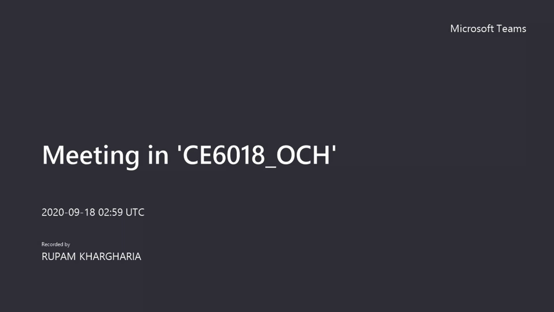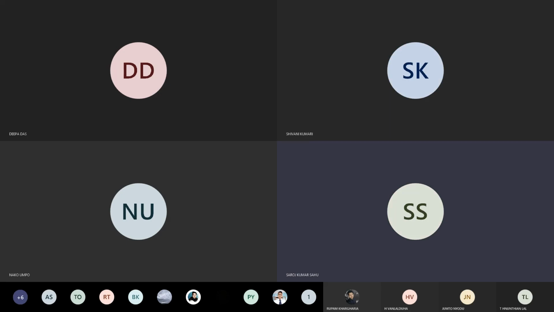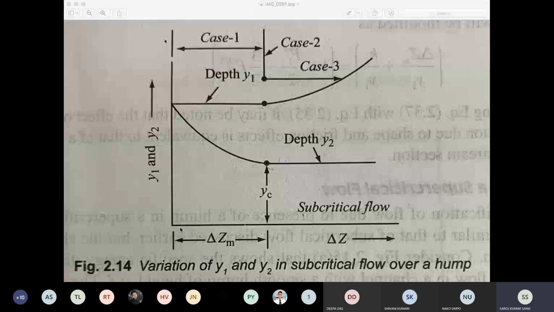The graph shows the variation of Y1 and Y2 in subcritical flow over a hump. So the delta Z from 0 goes on increasing up to delta Zm. The upper curve is for depth Y1 and the lower curve is for depth Y2.